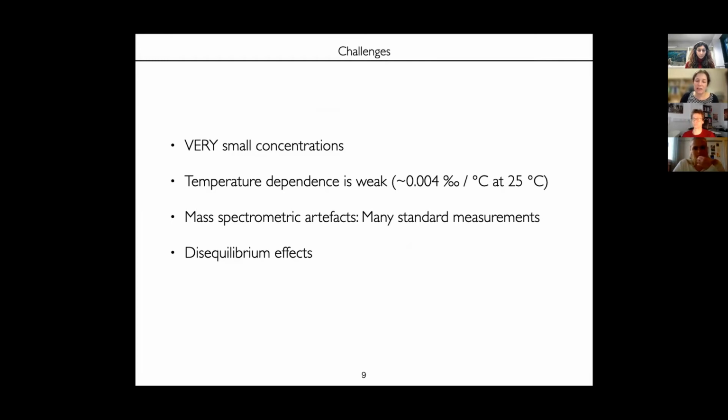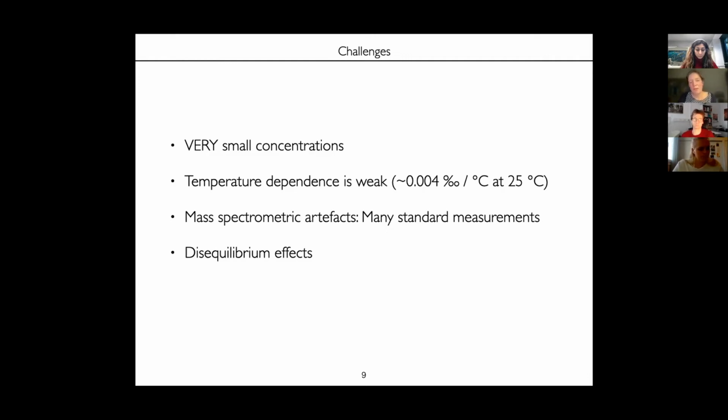So the analytical or methodological challenges are, as I said, that the concentrations of those doubly substituted species are really small. So we have to do very precise measurements and have to repeat them many, many times to be sure about the signal. In addition to that, the temperature sensitivity is actually quite weak. We have only 0.004 per mil in our signal per degree Celsius. So we have to do those measurements precisely.